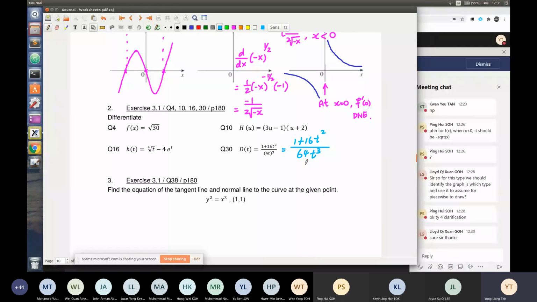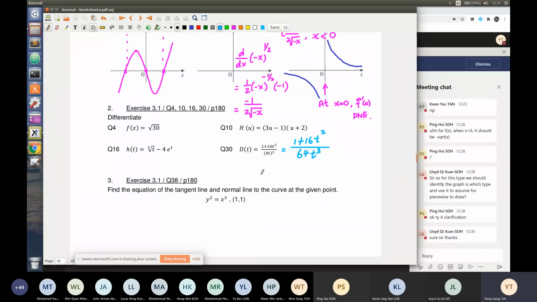Because we have not done the chain rule yet, we expand this 4t cubed, such that we have 4 cubed times t cubed. If you use the chain rule, then there's no need to do that. Of course, you can use the quotient rule directly, or you can also simplify.